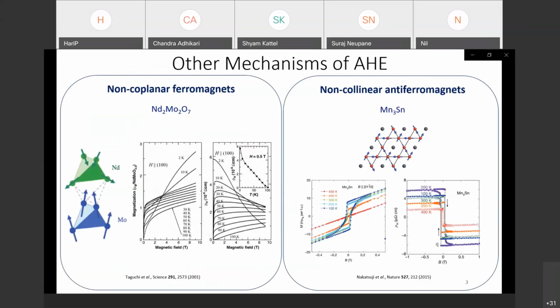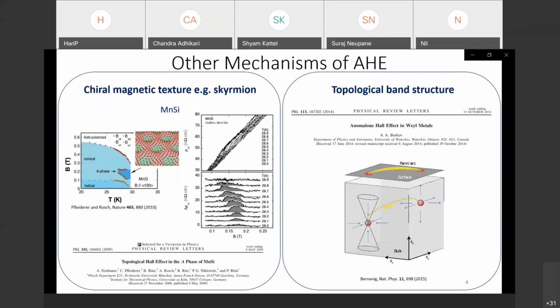It has been shown that the anomalous Hall effect can come from non-coplanarity in ferromagnets as well as non-collinearity in antiferromagnets. Anomalous Hall effect arises also from mechanisms such as complex magnetic textures, for example, here we have a skyrmion, as well as from topological band structures such as those in Weyl semimetals.